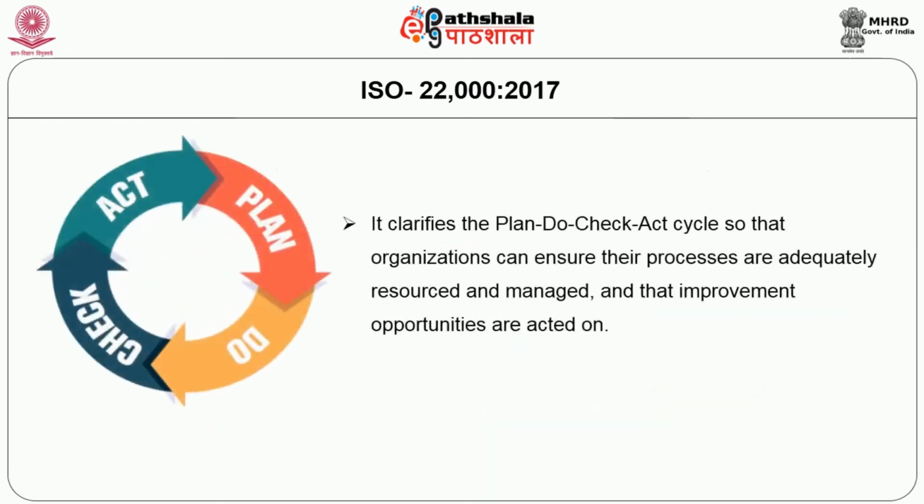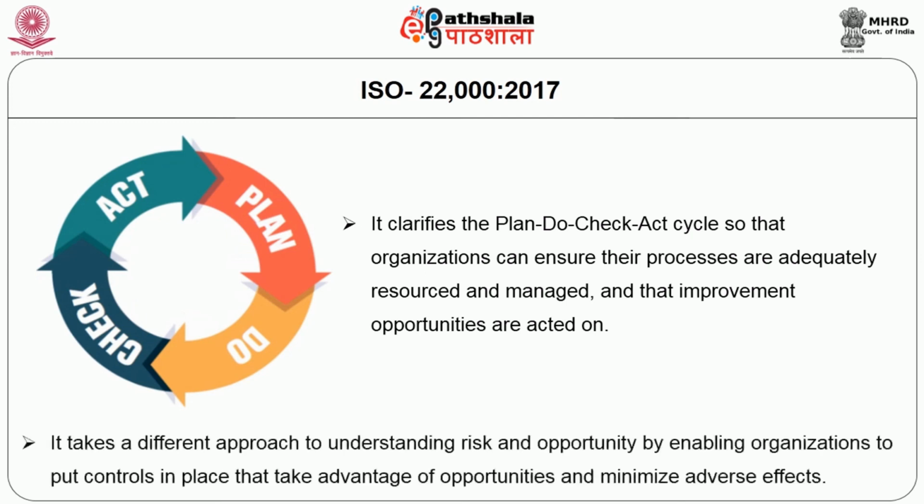It clarifies the plan-do-check-act cycle so that organizations can ensure their processes are adequately resourced and managed, and that improvement opportunities are acted on. It takes a different approach to understanding risk and opportunity by enabling organizations to put controls in place that take advantage of opportunities and minimize adverse effects.